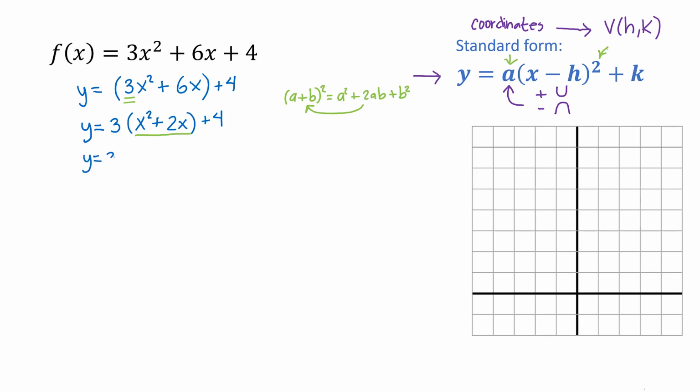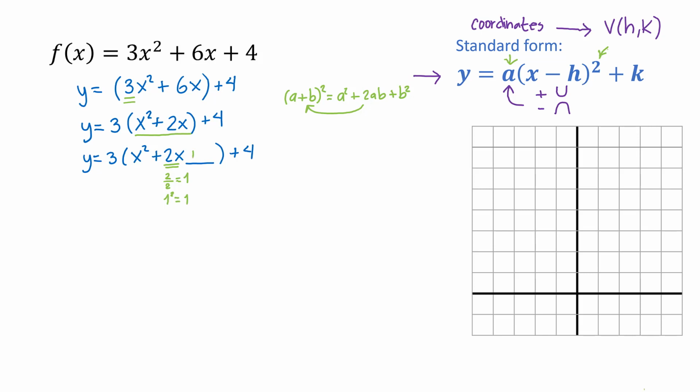Y equals 3 times x squared plus 2x. Here is where I'm going to add the missing third term, plus 4. To find the third term of the perfect square trinomial, I need to check the second term of the binomial, take half, in this case is 1, and then square that answer. In this case, since it's 1, 1 times 1 is 1.